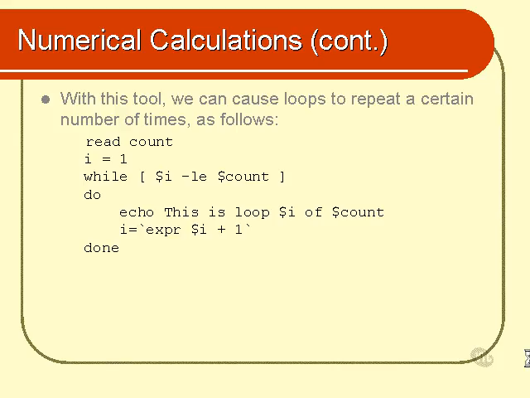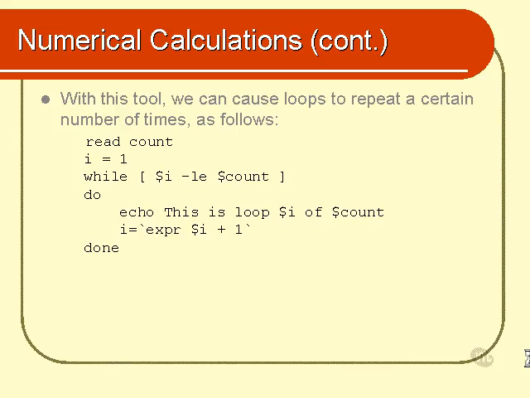So what we're essentially saying here is, while I is less than or equal to count, that's the minus LE is less than or equal to, then we can, I don't know, print out a message or anything like that. This is loop number I of count, so that might actually print out this is loop 1 of 45, this is loop 2 of 45, and so on.